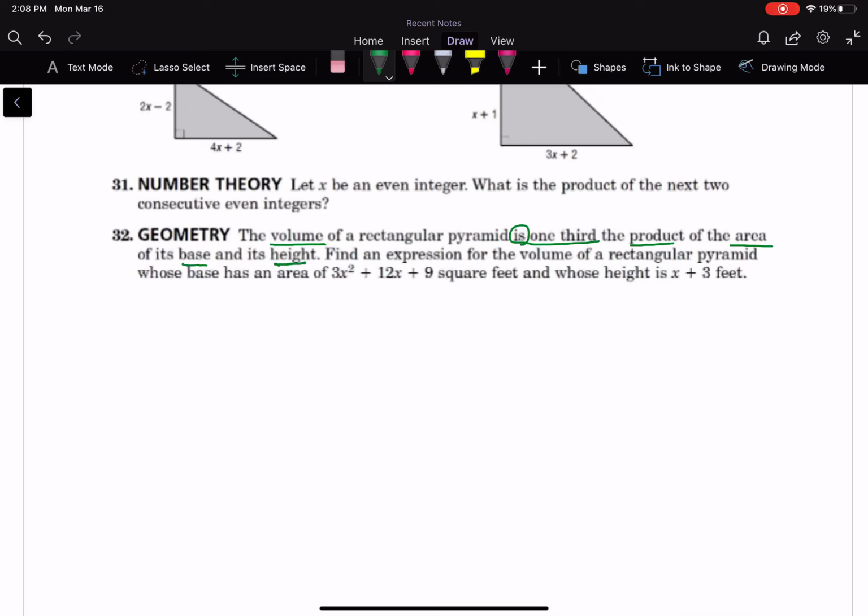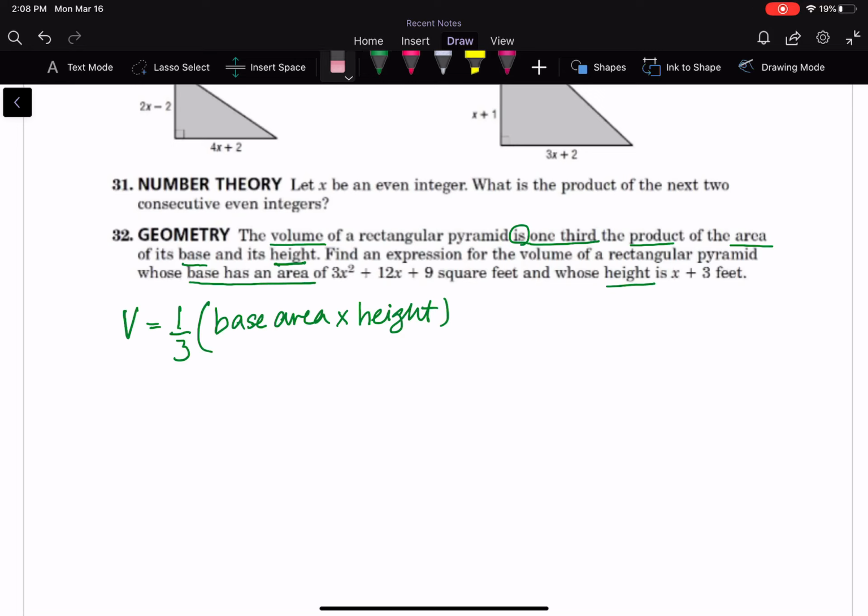So basically it's saying that volume is equal to 1/3 of the product of its base area times height. And in this question, they're telling you that the base has an area of so much and a height of so much.